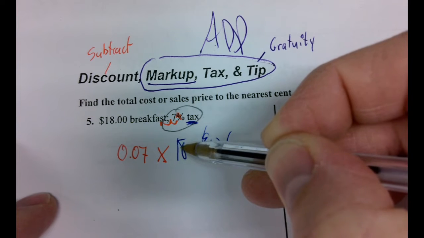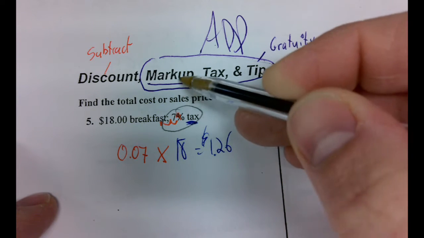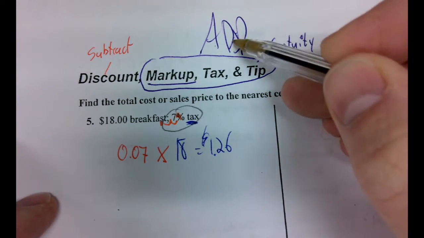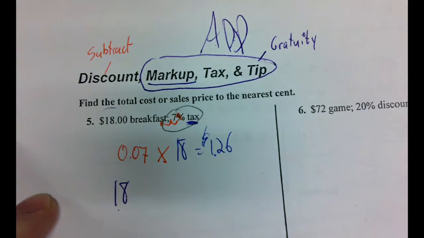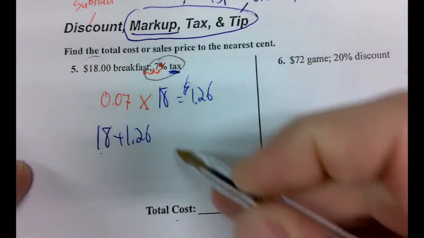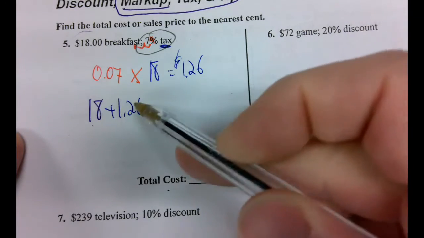Tax you have to pay. So tax gets added in. So we're going to take that original amount, 18, plus the tax. Please write that on in. I want to see that. I know you can do that math mentally, but I want to see that work. 2 points of work here. Show me both steps so that way you remember how to get to this $19.26.